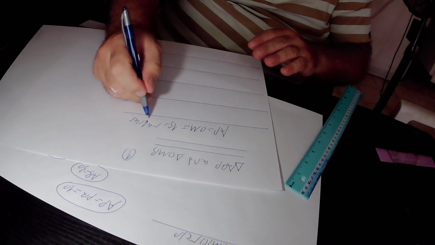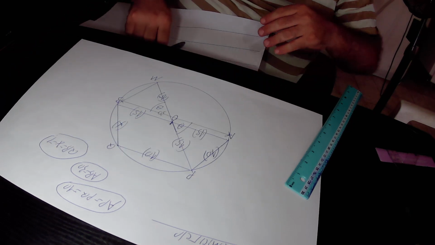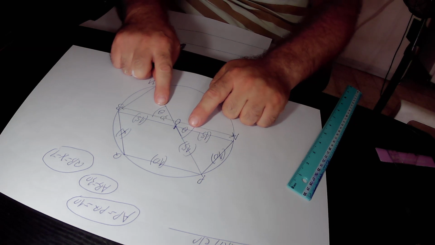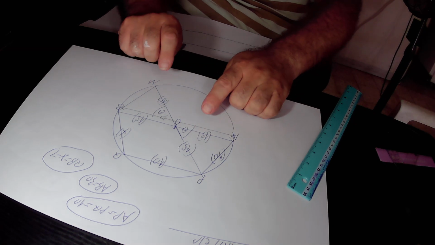In addition, those two angles are defined as vertex angles, and vertex angles are equal to each other.